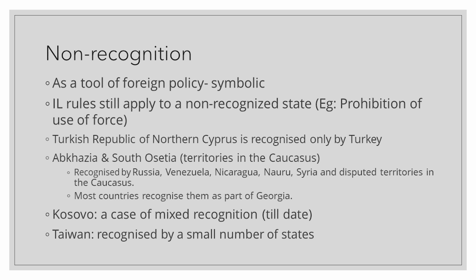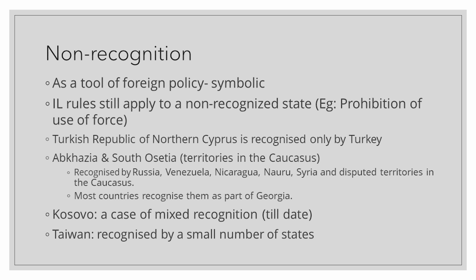Right? Another example where a state is recognized by a handful of states but is non-recognized largely by the rest of the states of the world are Abkhazia and South Ossetia. These are certain political territories in Caucasus, which are recognized as states by Russia, Venezuela, Nicaragua, Nauru, Syria, and some disputed territories in Caucasus.